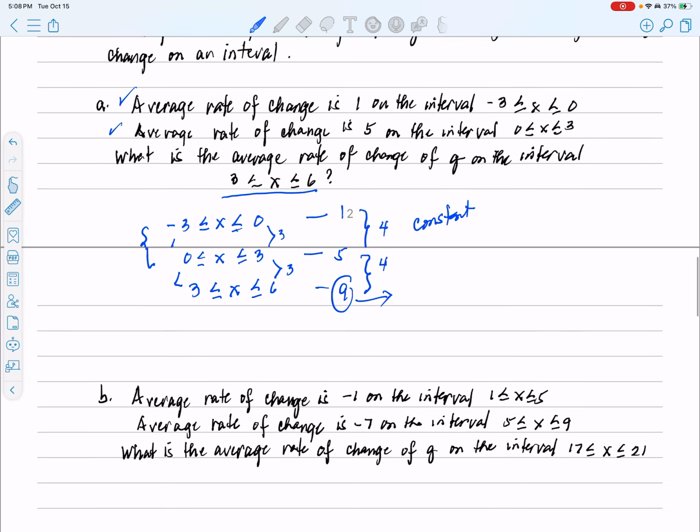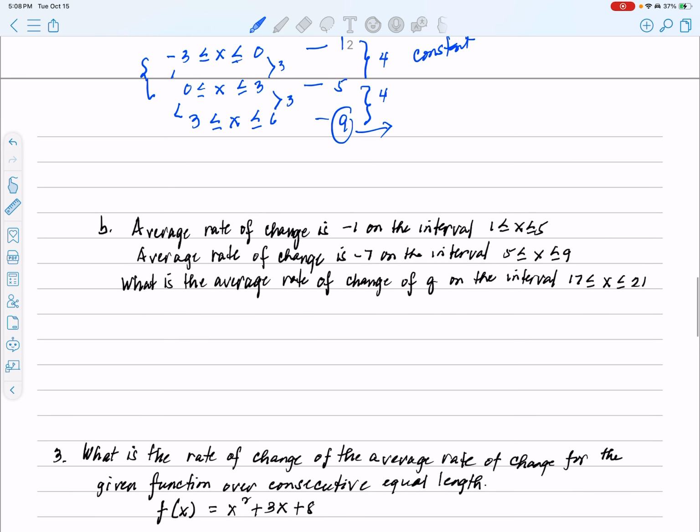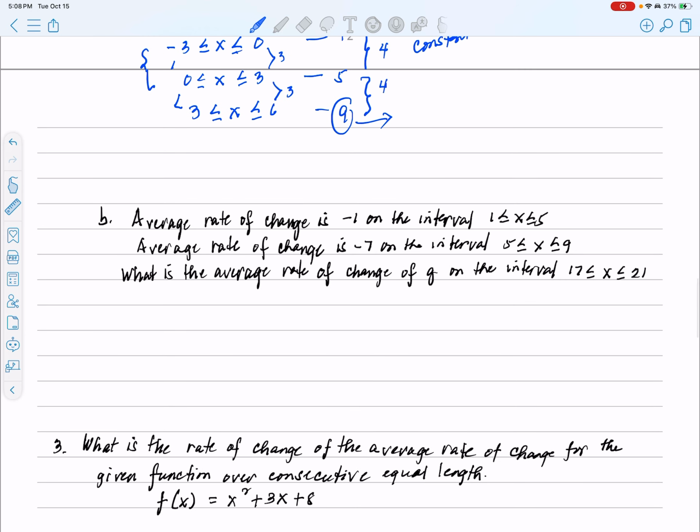All right, let's do another one. The average rate of change on the interval of -1 to 5 is -1.